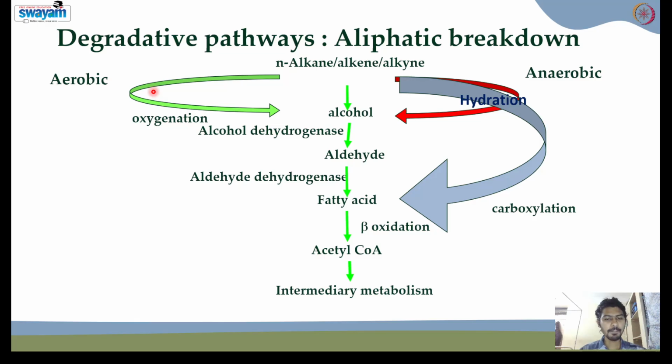So if you see the degradative pathway of aliphatic breakdown, as we have seen in the previous slide, some of the examples are n-alkane, alkene and alkyne. These are all aliphatic organic pollutants that exist in the contaminant.